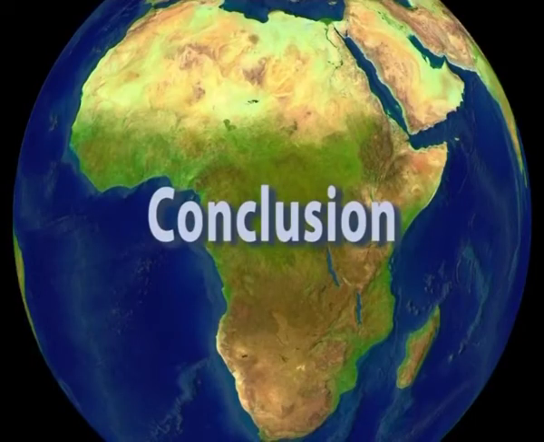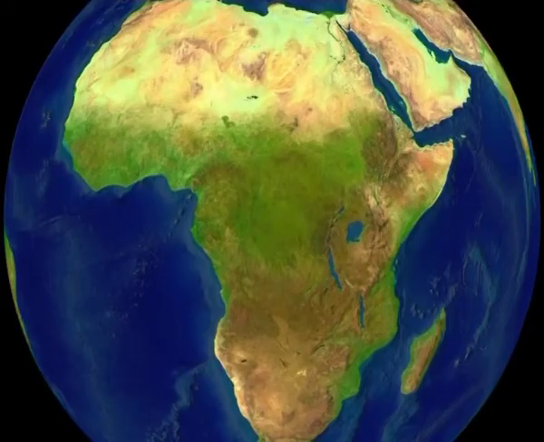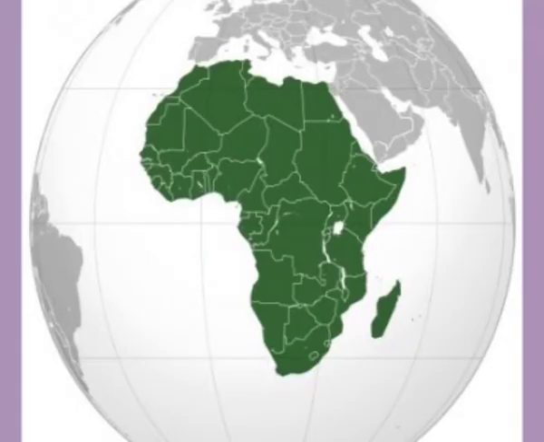To conclude, we could say that Africa straddles the equator, having an almost equal south and north extent. This division of Africa into almost two equal parts across the equator makes the climatic and physical conditions in the north repeat themselves in the south.